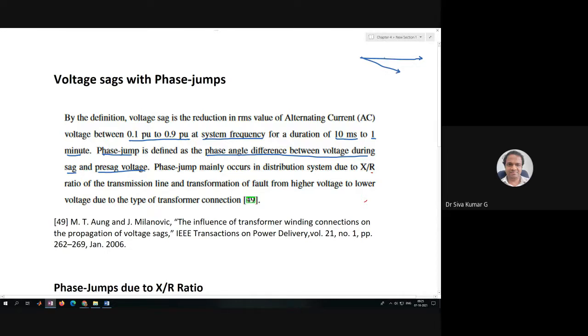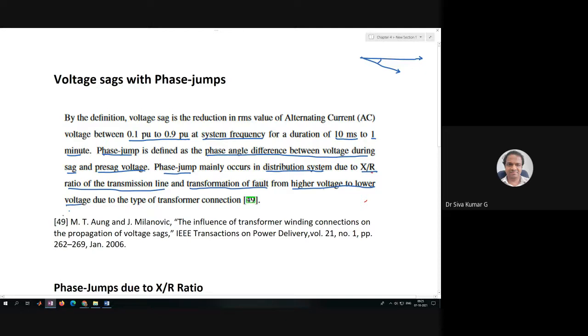The phase jump mainly occurs in distribution systems due to the X by R ratio of a transmission line and transformation of fault from higher voltages to lower voltages.